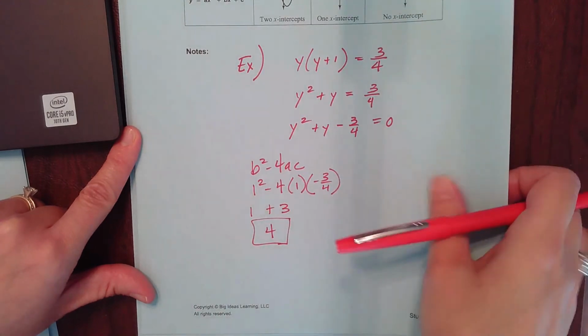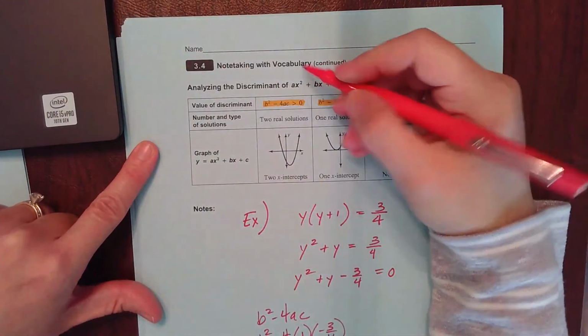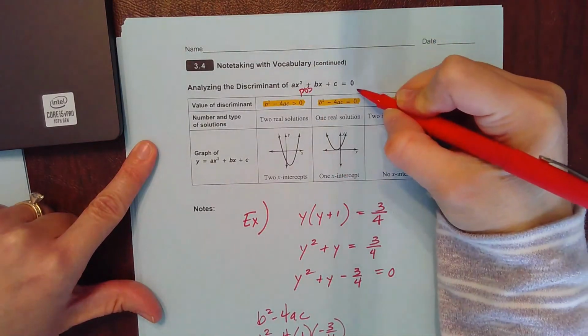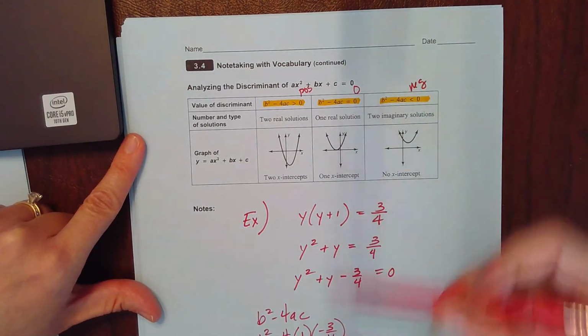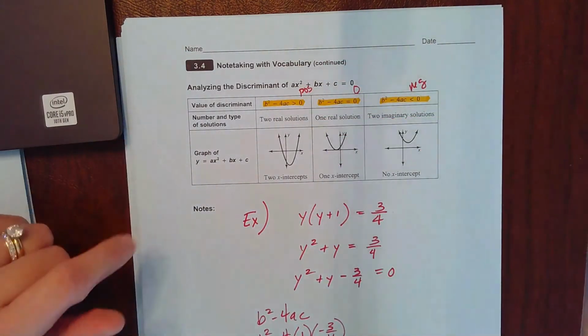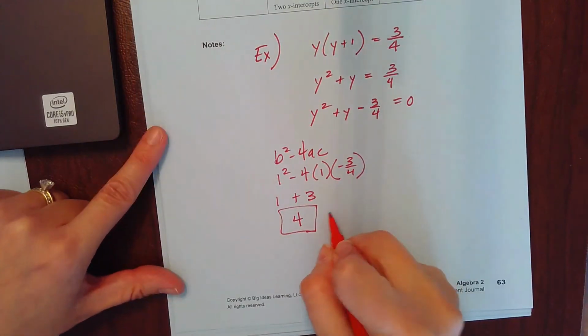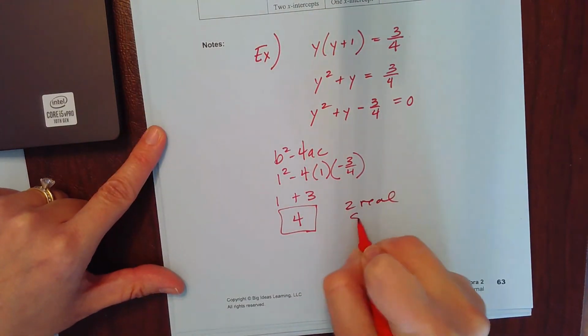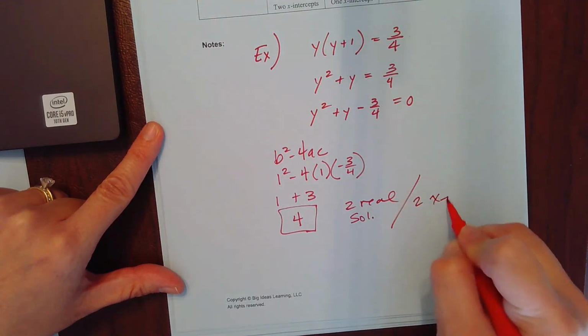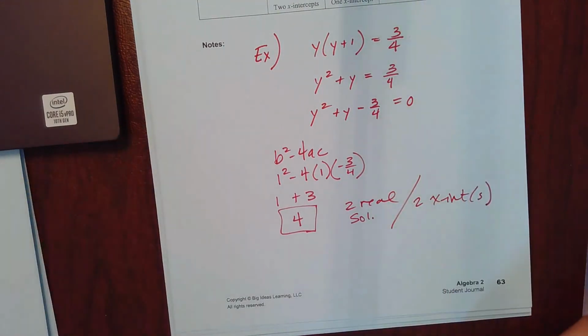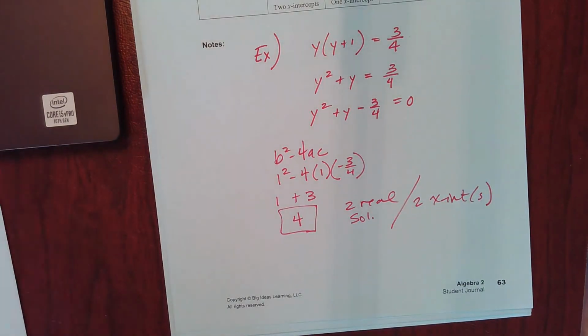What I'm looking for is: is it positive? Is it 0? Or is it negative? In this case, obviously 4 is a positive number, which means I'm going to have 2 real solutions. I'm also going to have 2 x-intercepts. So by knowing that this is a positive number, that's what that tells us.